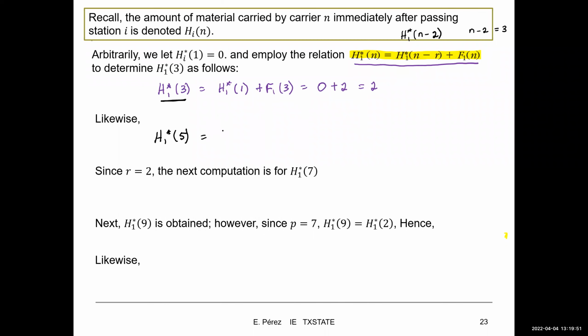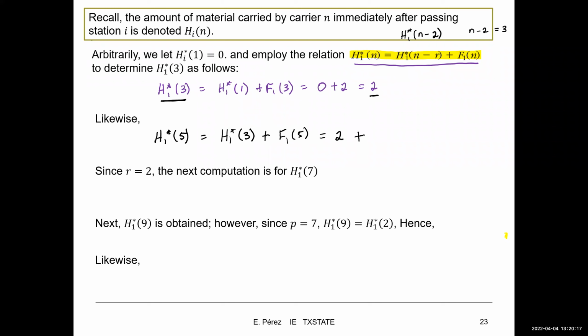So this will be H1 star of 3, because 5 minus 2 is 3, plus F1 of 5. So H1 star of 3, I know that value, this is 2.